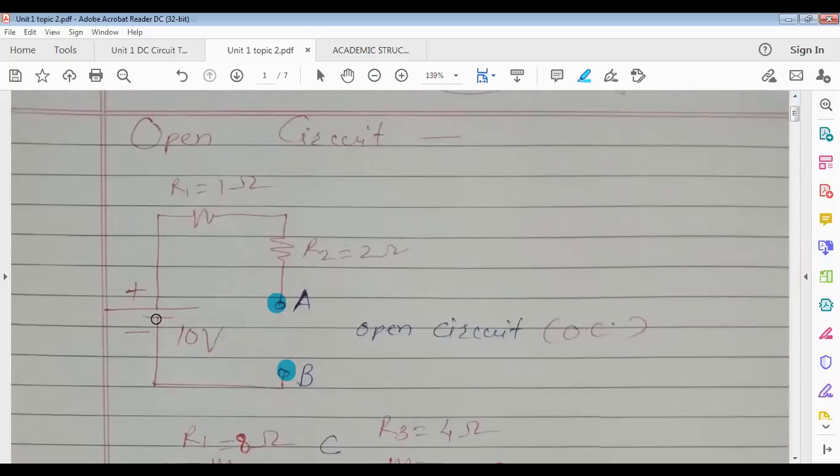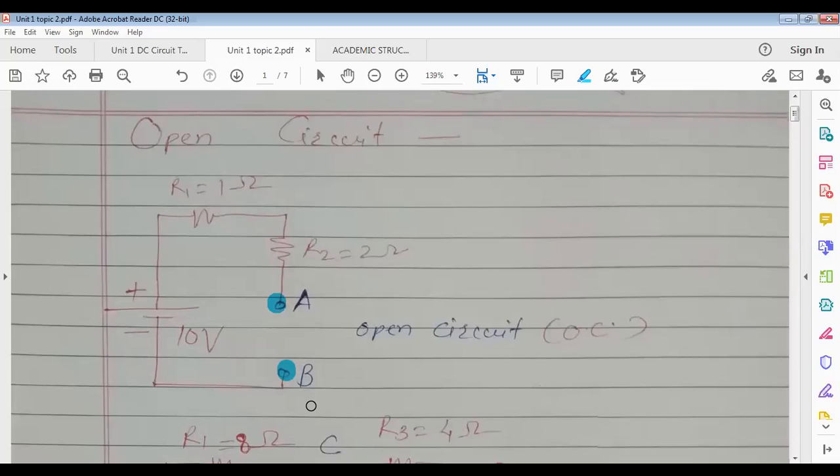Even if you switch on the 10-volt battery, will current flow in the circuit? No, it will not flow, because between terminals A and B there is an air gap. Current can't complete its path through air, right? From A to B, current can't flow.